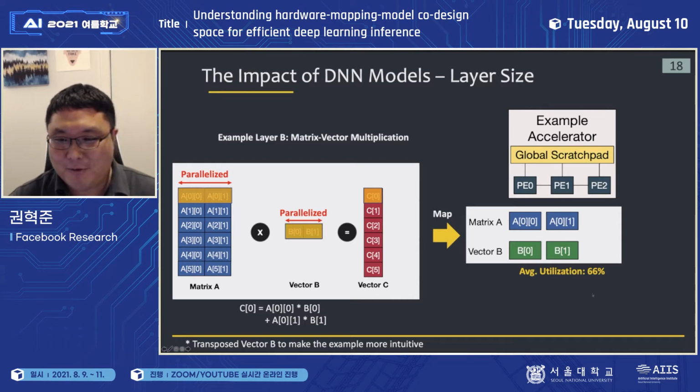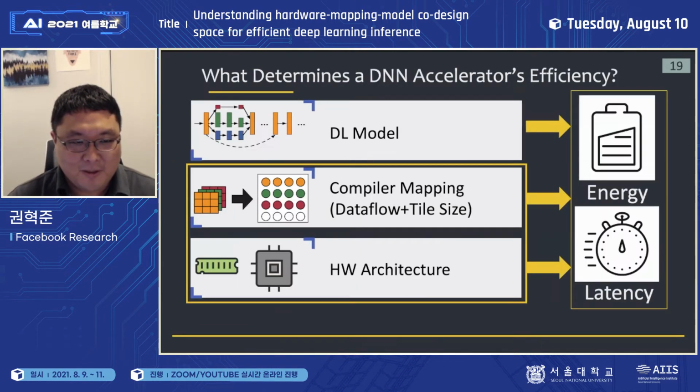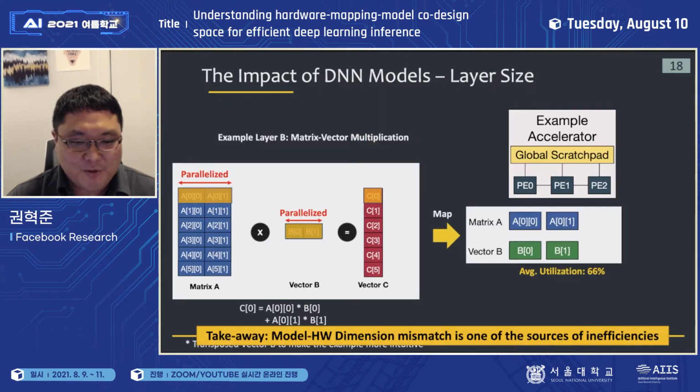That means the utilization drops to 66% in this case. So here's the main takeaway. Model hardware dimension mismatch is one of the significant sources of inefficiencies in DL accelerators. In addition to this one, there are many considerations such as layer operator support and so on, but this is the one intuition I want to share in this talk.